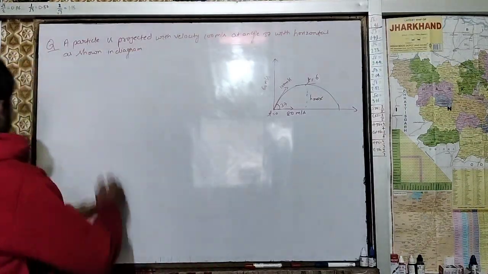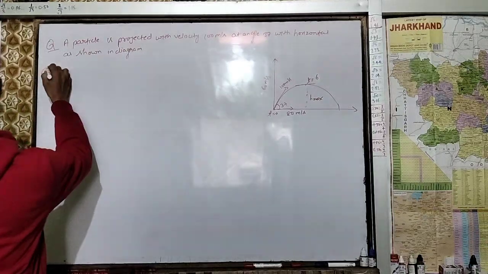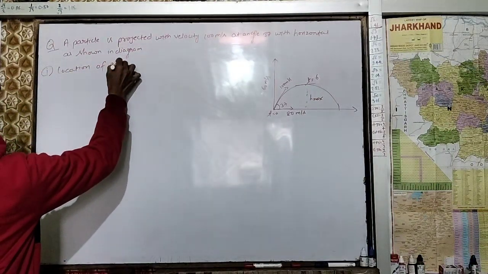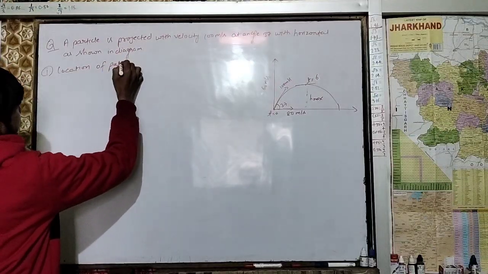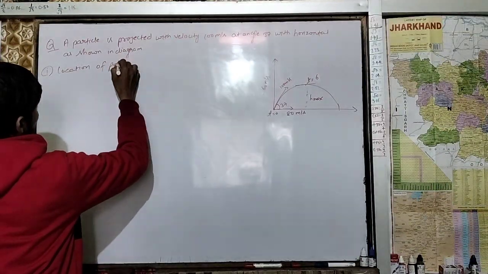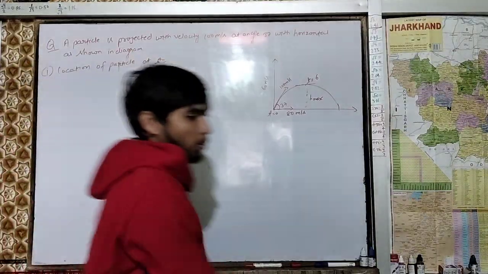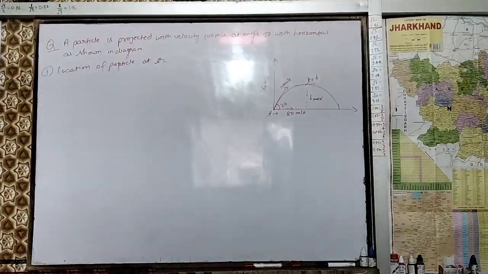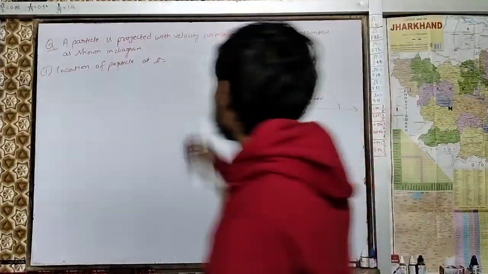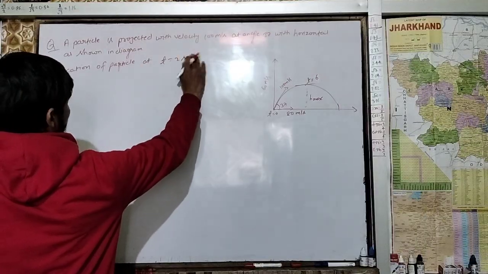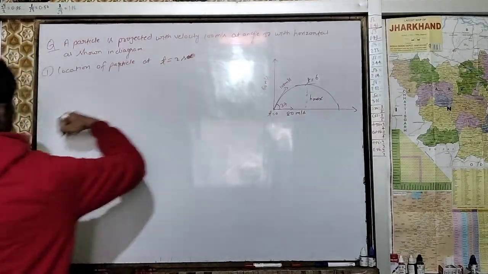What is the location of a particle at a particular time? Location means coordinates. It is trying to get coordinates at a particular time. So time is 2 second. At 2 second, what is the location of our particle?